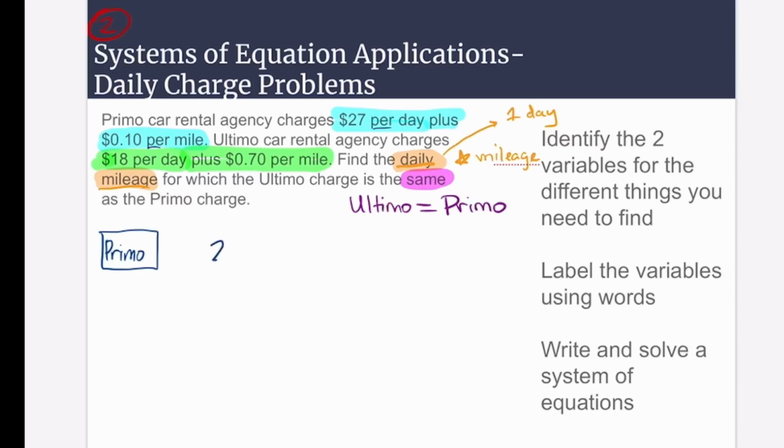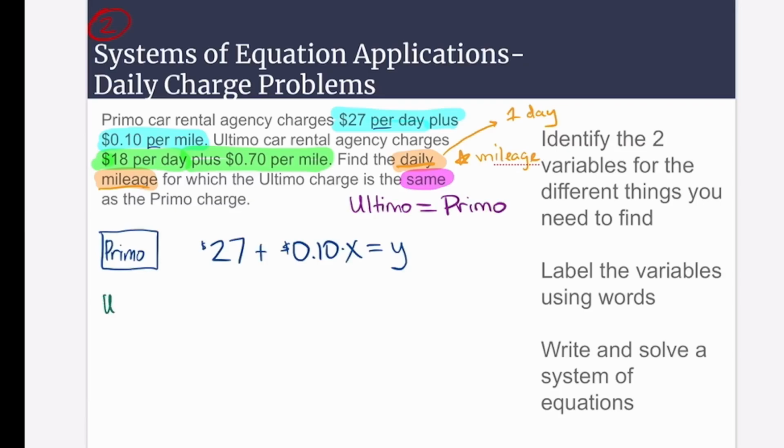That $27 is one time for the day, and then we are adding 10 cents per mile, so times, let's say, X. I don't know what this answer is going to be. So this is equal to Y, the cost for Primo.